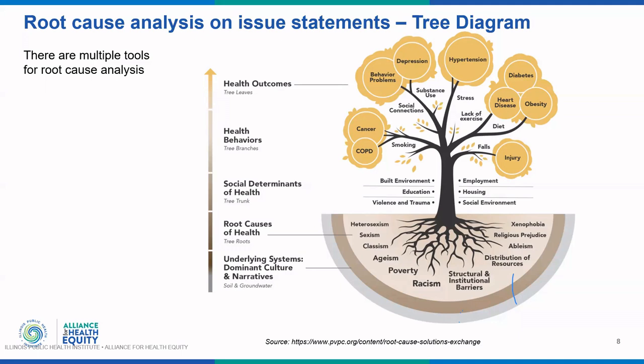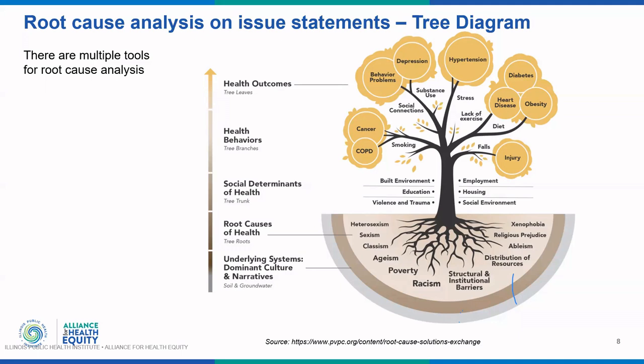And then you look at what are those contributing factors, the social determinants of health, which become the tree trunk. So you ask folks, for example, when it comes to depression, what are the factors that contribute to it? And where are the social determinants of health that are leading to those health outcomes?